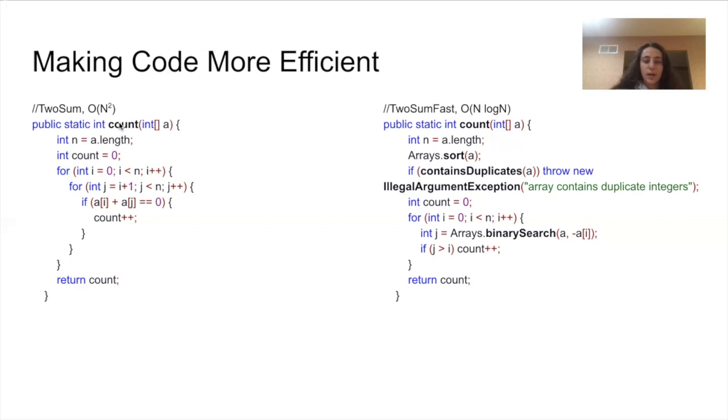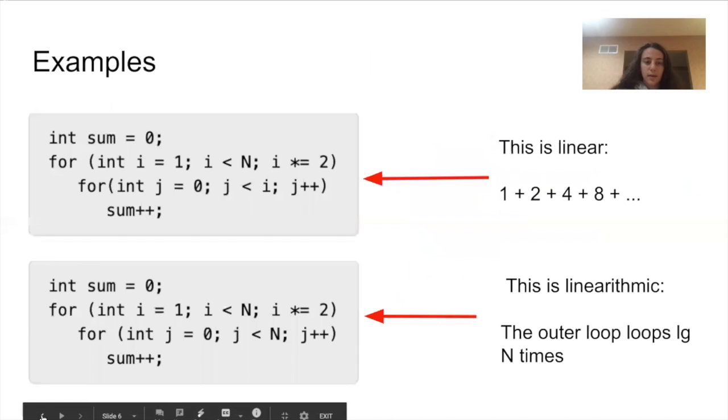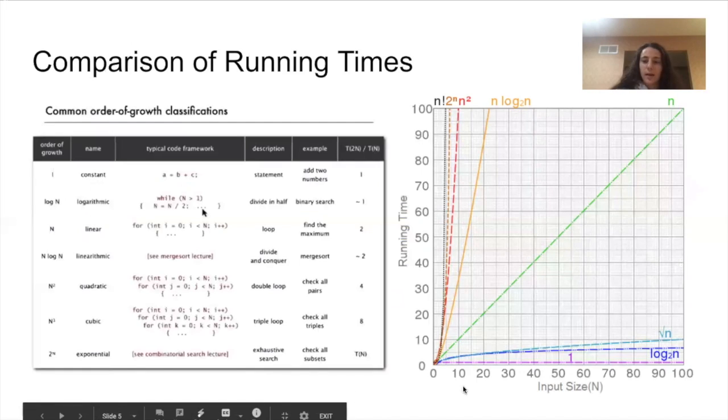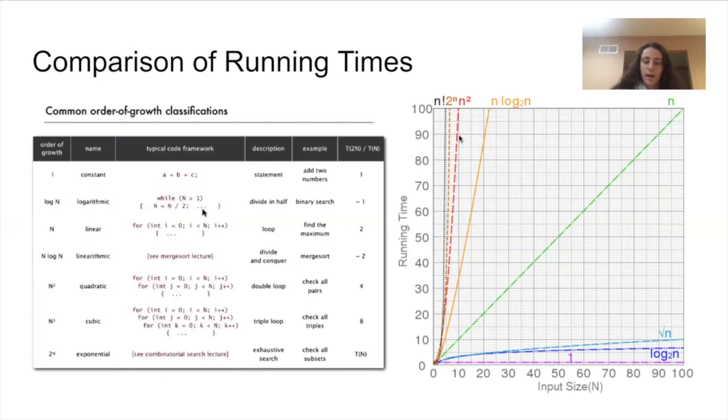You can see in the graph from earlier that n log n is this orange one right here, and n squared is the red one, and n log n is clearly less than n squared.